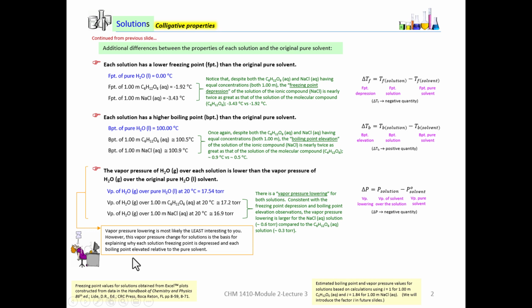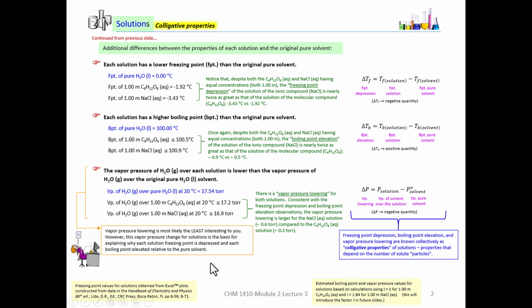Vapor pressure lowering is most likely the least interesting to you on the list here. However, this vapor pressure change for solutions turns out to be the basis for explaining why each solution freezing point is depressed and each boiling point elevated relative to the pure solvent. So we're going to spend a little time talking about vapor pressure lowering of solutions compared to the vapor pressure of the pure solvent.